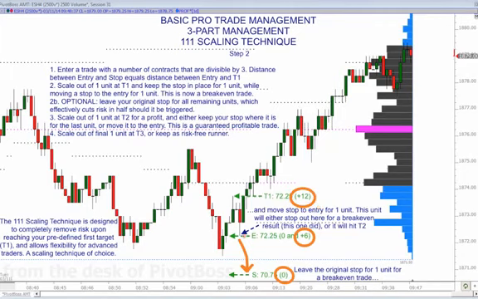But what we did here was after we scaled here, we put a stop right there on that third. And in this case, it got hit. Sometimes it will, sometimes it won't. But that's a sacrificial lamb right there. If it comes back to the entry, you got to sacrifice it, because what you're doing is you're controlling your risk on the way down.